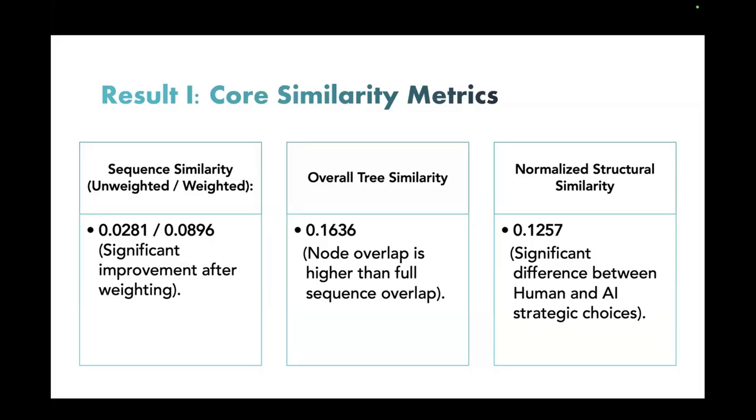This difference can show that 16% is common for human and AI, and maybe 86% that human and AI choose different strategies.